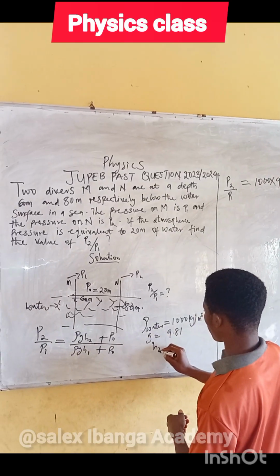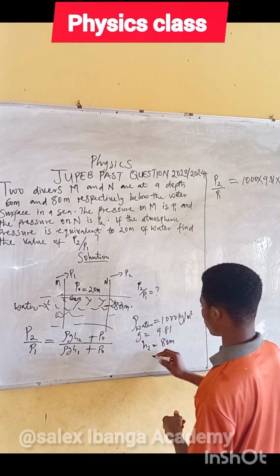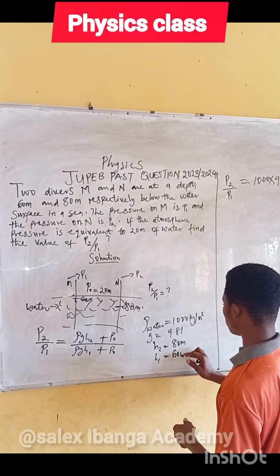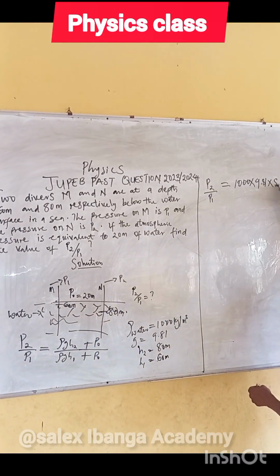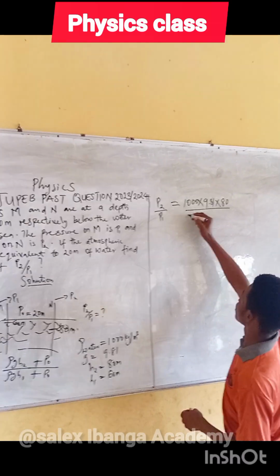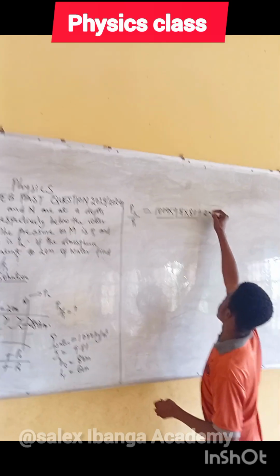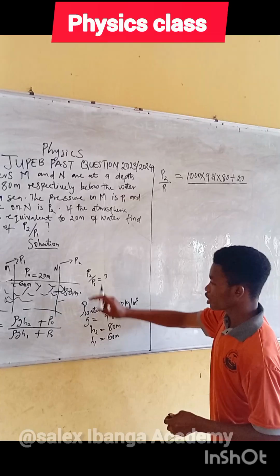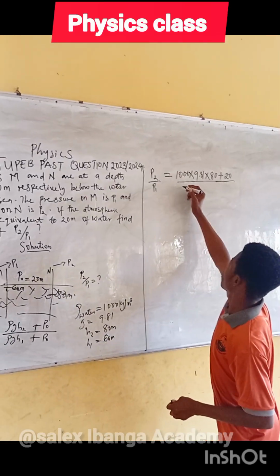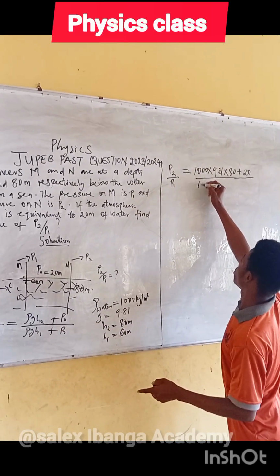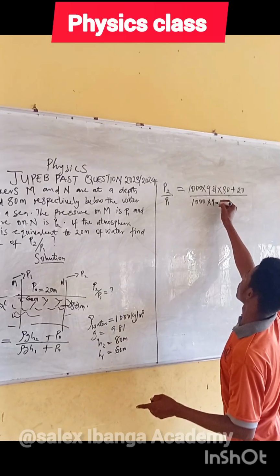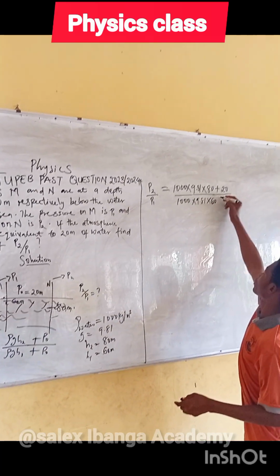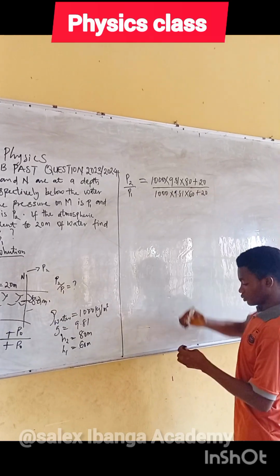So H2 equals 80 meters, then H1 equals 60 meters. So here will be 1000 times 9.81 times, 80 plus P naught, which is 20. Then divided by, following the formula, 1000 times 9.81 times 60 plus 20.